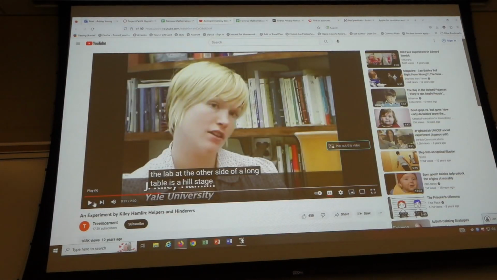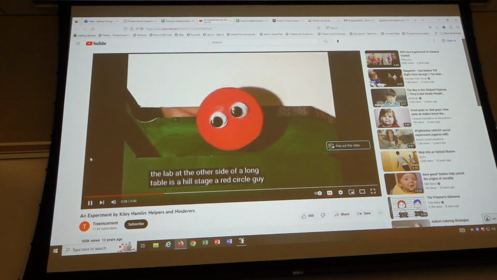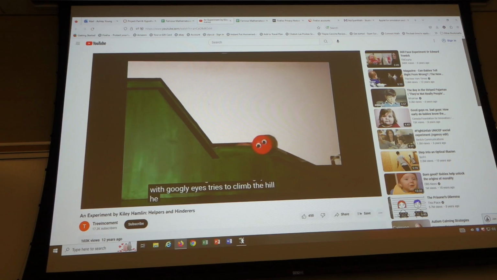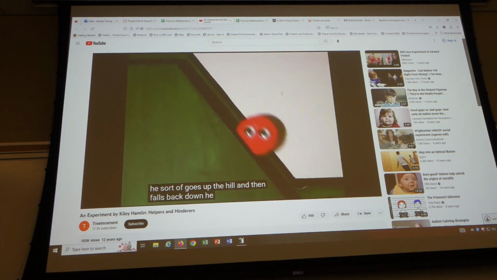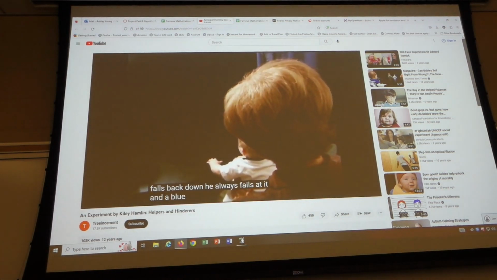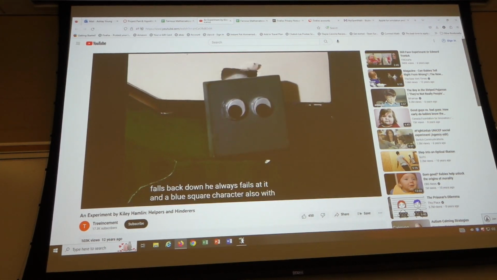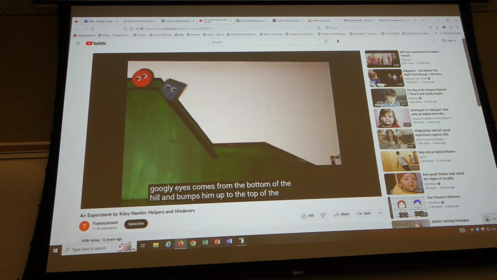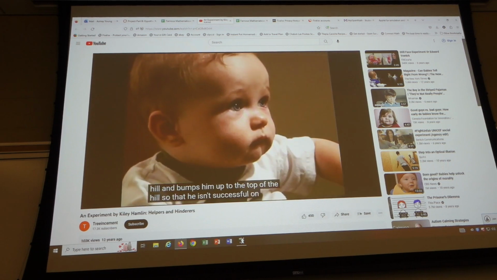Unfortunately, the sound is not working, but we'll work with closed caption. So here's the little googly eye guy, and he tries to go up a hill. The baby's looking at this, and he's having trouble. Then they close the curtain, and now they bring in this helper guy who helps him get up to the top, and he's all happy.